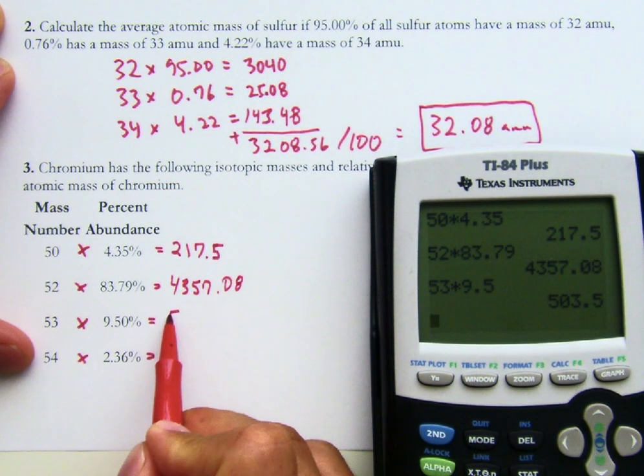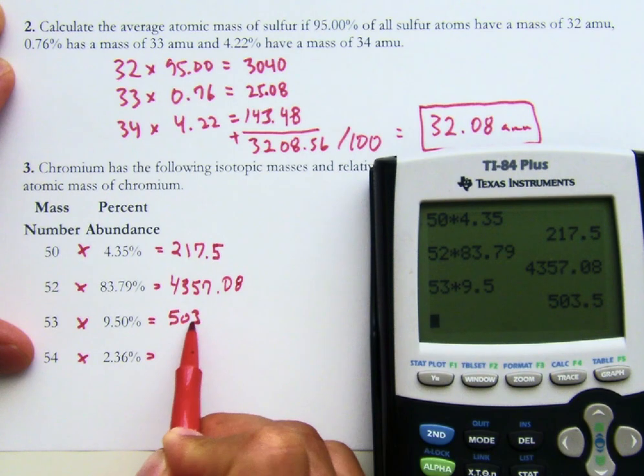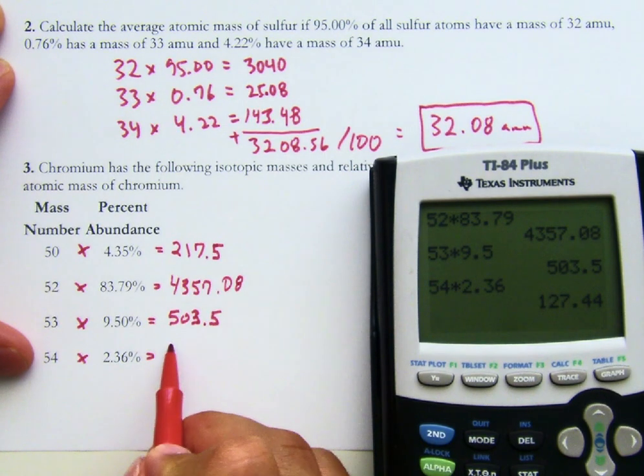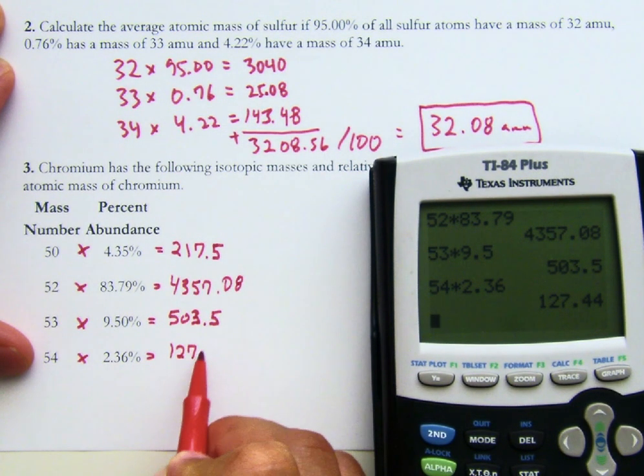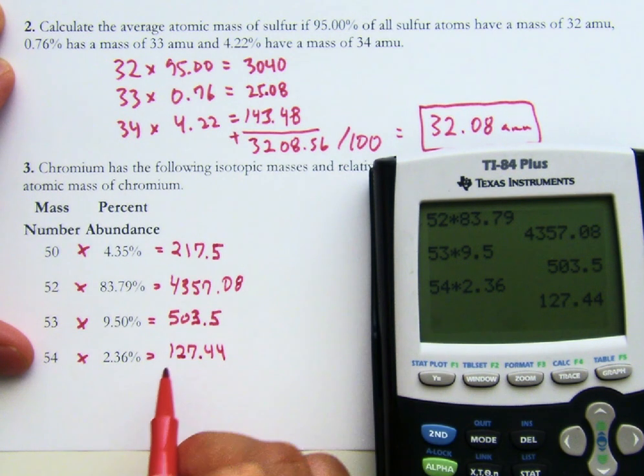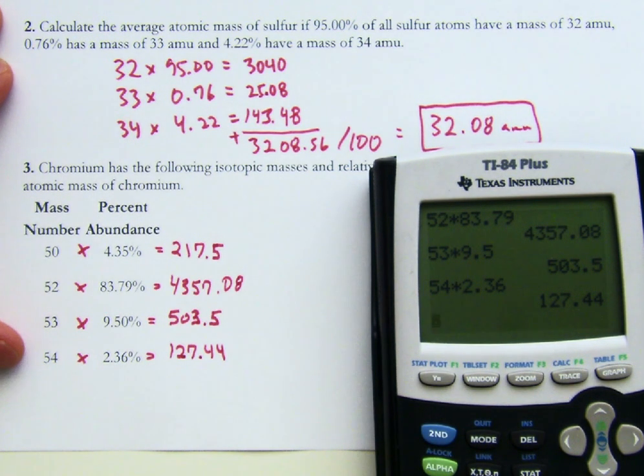That's 503.5. And then we have 54 times 2.36. That's 127.44. Okay. We're going to add these all together.